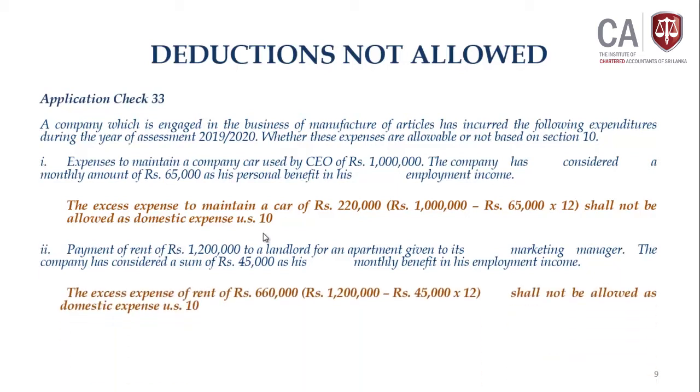The company incurred the expenses 1,200,000. The 45,000 into 12, the 540,000 is taxable in the hands of the employee as rent benefit. So, the excess is 660,000. So, that becomes domestic expenses for tax purposes. Okay.